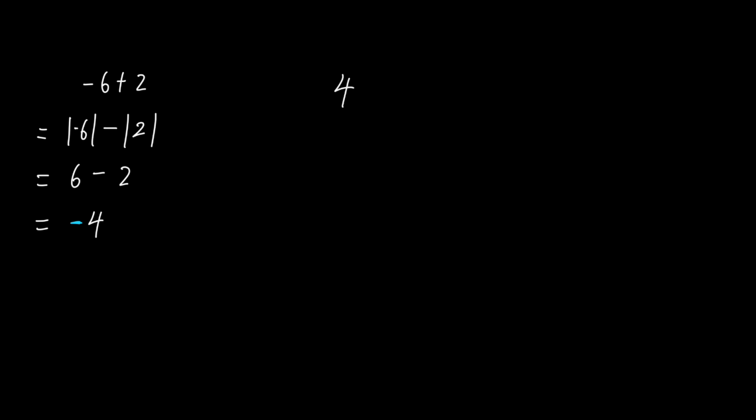Let's see another one. Let's say we have 4 plus negative 12. Firstly, you don't care about the sign right here. You only care about the 4 and 12. Which one is larger? Obviously 12. So you're going to use the absolute value of negative 12 minus the absolute value of 4.